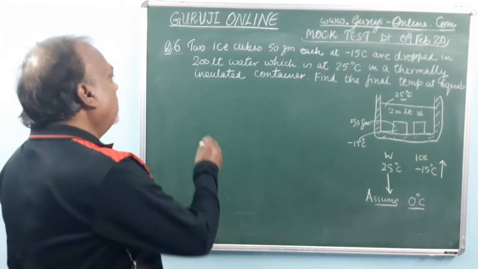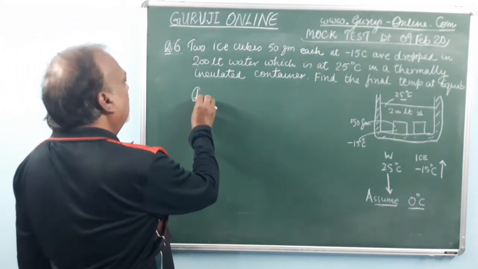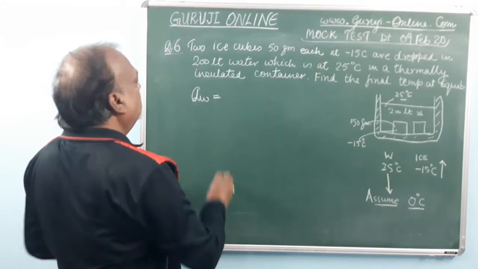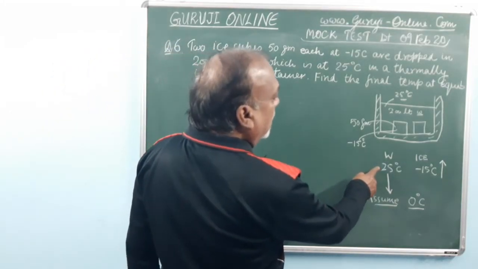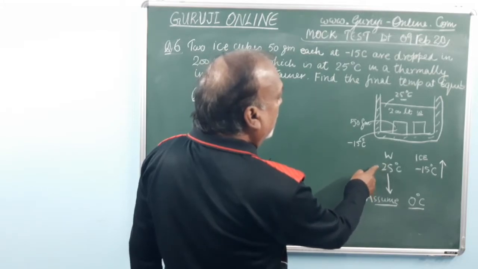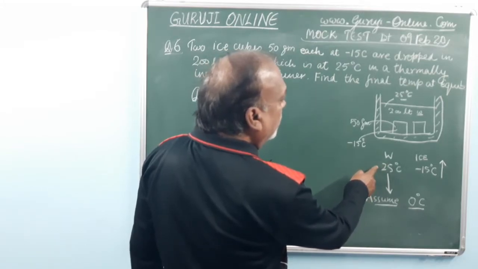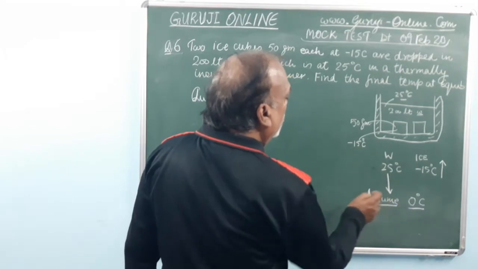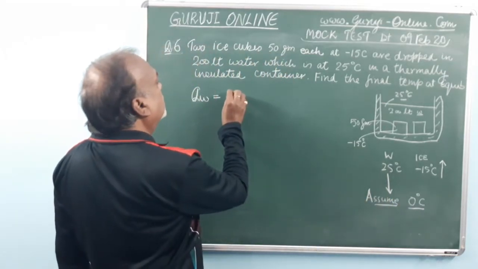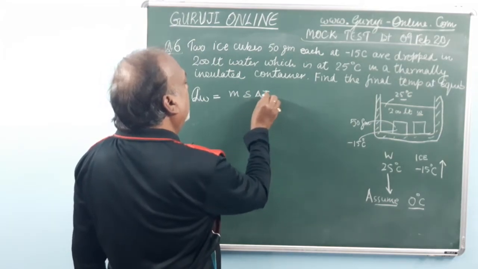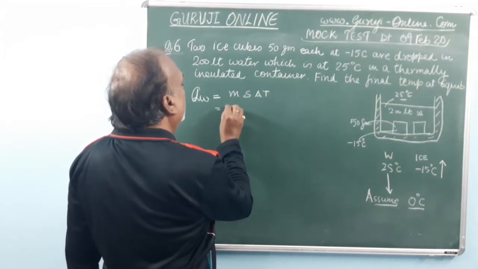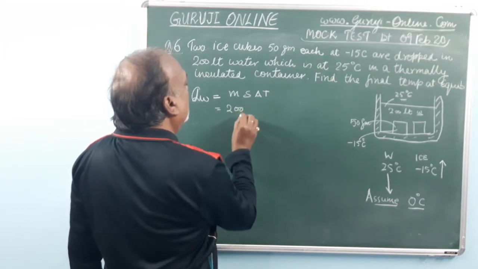So what will be the heat energy due to water once its temperature changes from 25 degree to 0 degree centigrade? That is m s delta T. M is nothing but 200 liter.